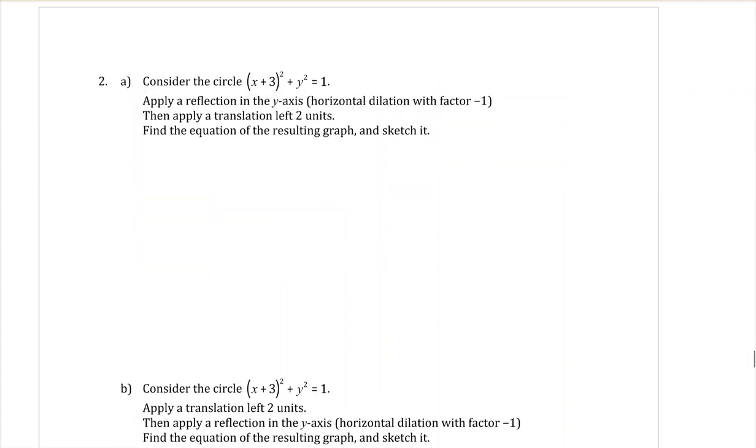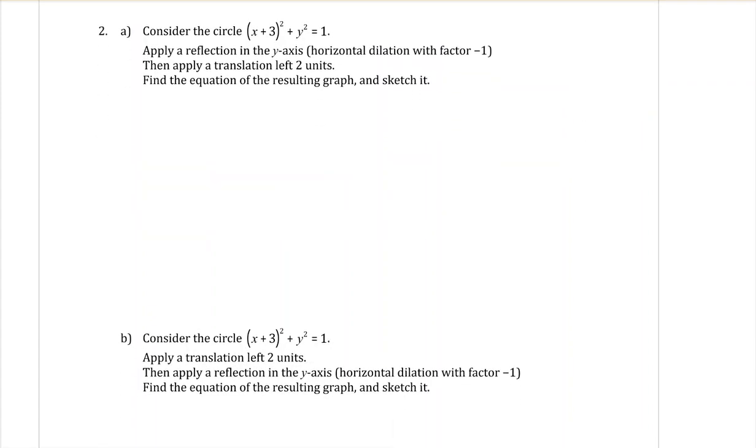Question 2, we're now considering a circle. The circle has the equation x plus 3 in brackets squared plus y squared is equal to 1. So it tells me the steps that it wants me to do. It wants me to apply a reflection in the y-axis, which means a horizontal dilation with a factor of -1.